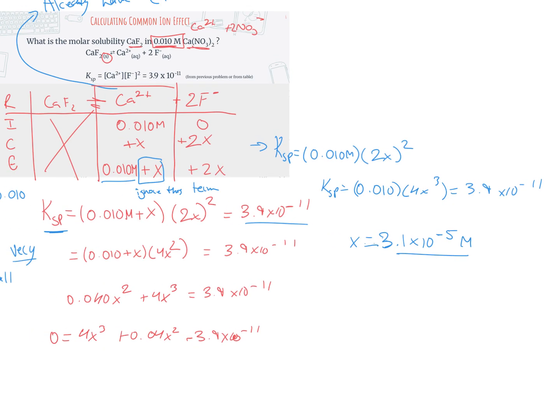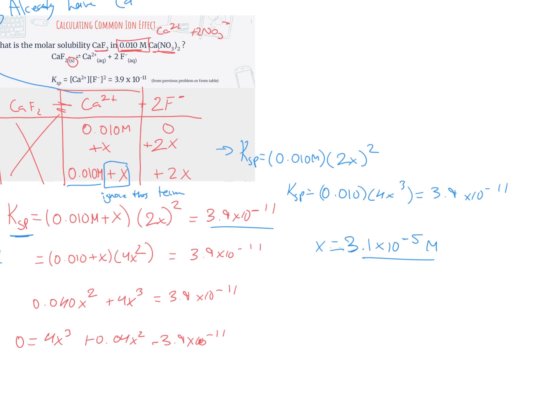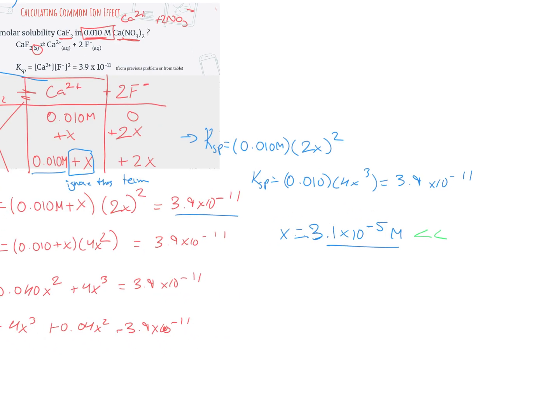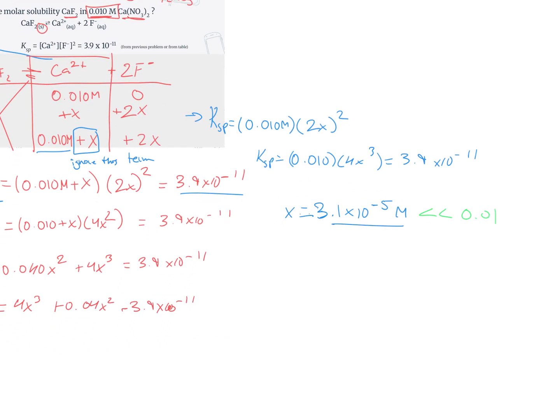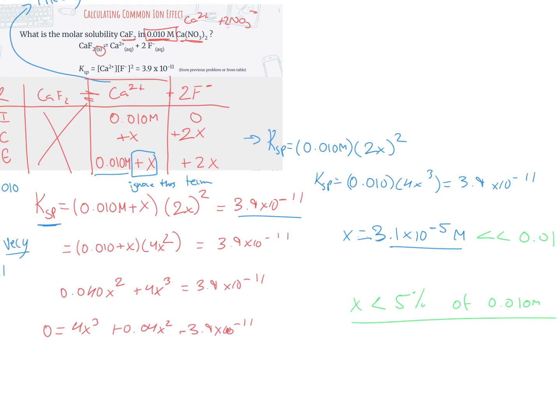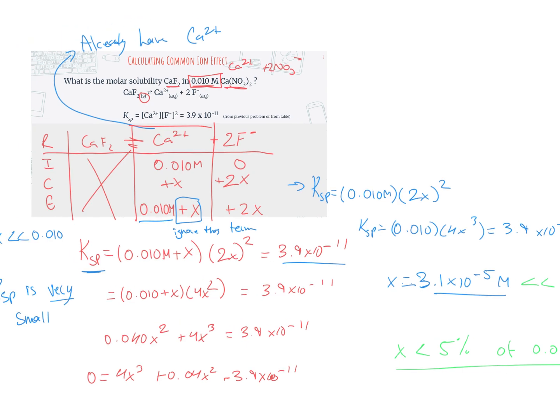And of course, this is significantly smaller than 0.01, so that assumption holds true. In this case, x is less than 5% of 0.01. And so with most of these problems, we can use that assumption where we ignore the term plus x.